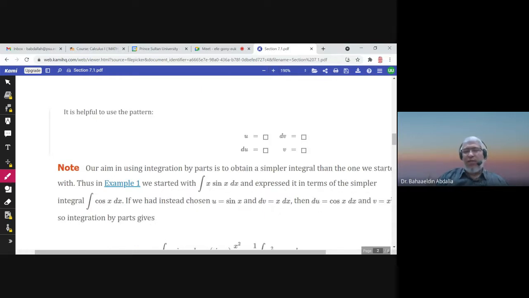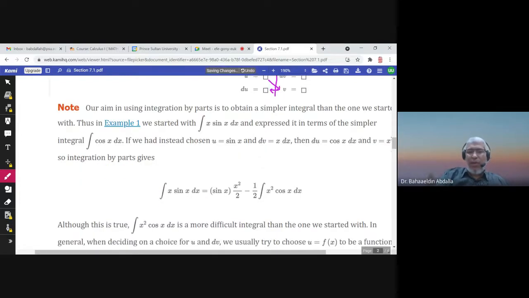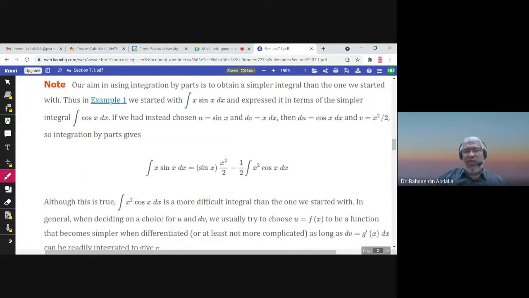So this is the pattern we use: u, du and dv, v, and then we go like this. In this example, if you choose sine x to be u and dv to be x dx, and find du and v, you will get this.